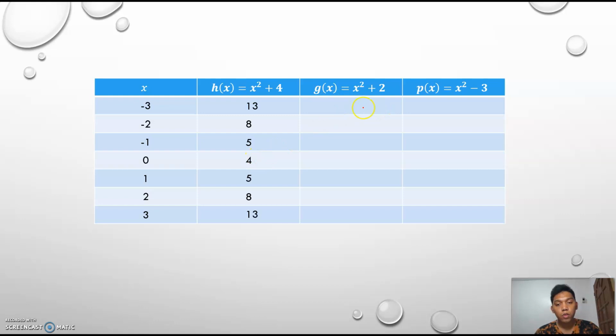Then for the other one, we have -3 squared plus 2, that's 9 plus 2, 11. -2 squared plus 2, so 4 plus 2, 6, and so on. And this one, we have -3 squared minus 3, that's 9 minus 3, that's 6. -2 squared minus 3, that's 4 minus 3, that's 1, and so on.